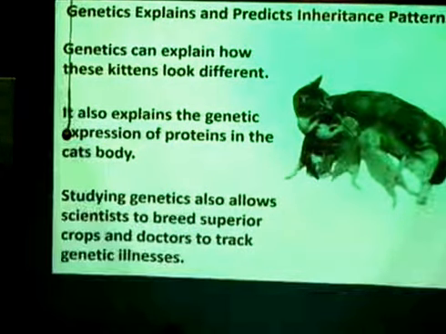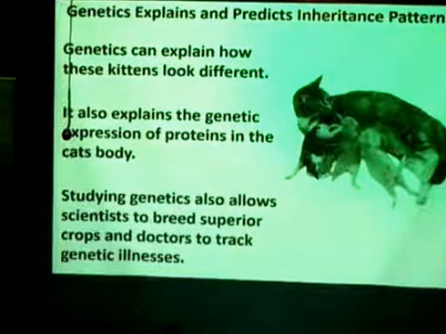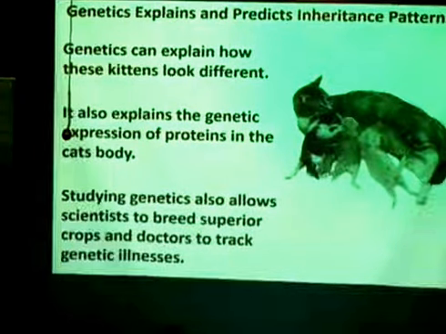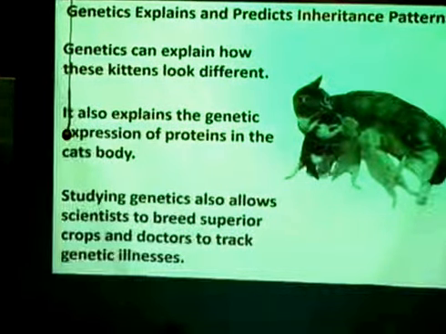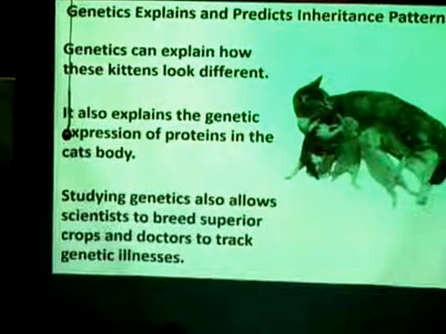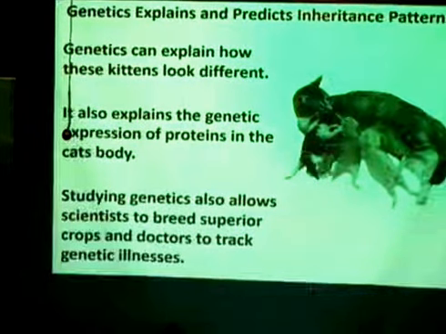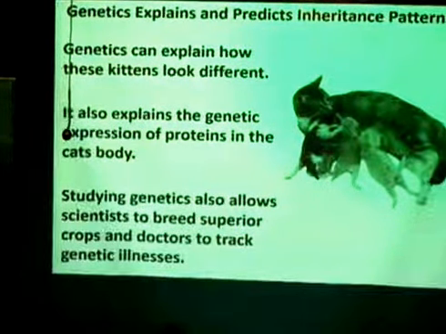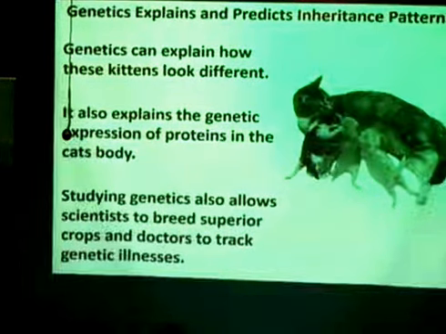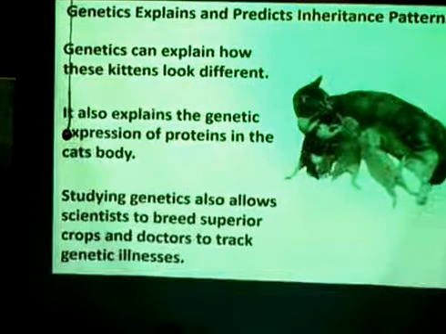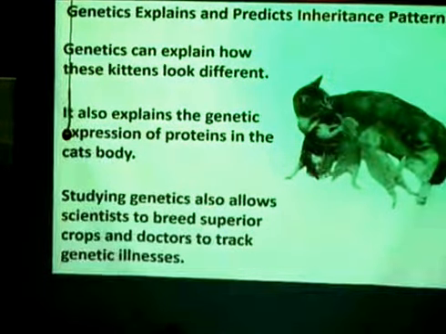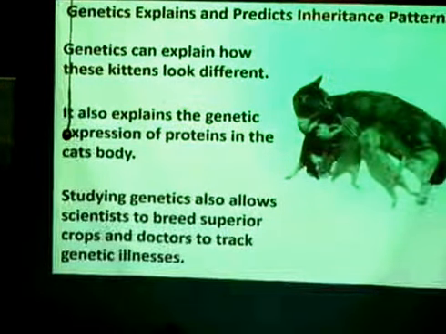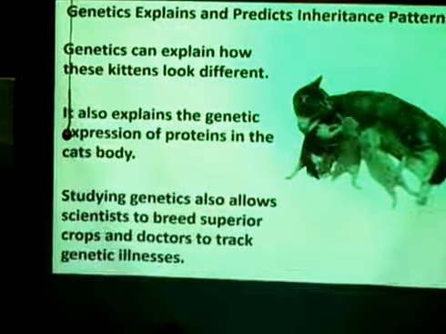So the terms that you need to know from this chapter are these here. Homologous. You should know what is homologous. Then we will learn about heterozygous and homozygous. You also should remember what gametes are, what gonads are, what a zygote is. Then we will talk about diploid, haploid.